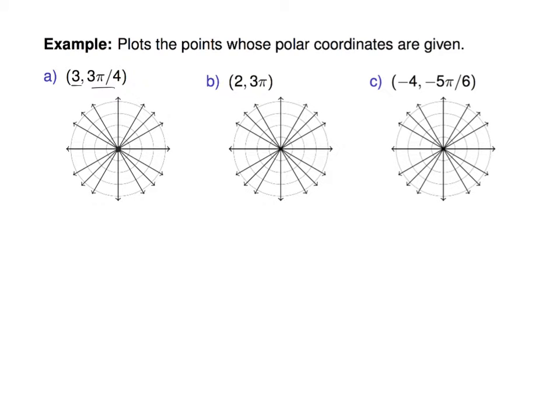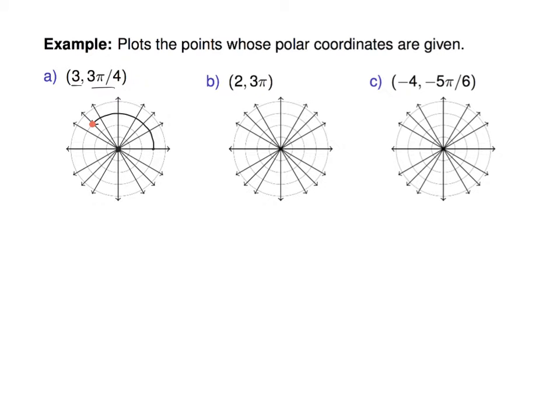And what angle are you at? 3 pi over 4. So you've gone from there over to that point right there. Do you buy that? Does that make sense? Okay, and I will give you grids to draw on because it makes things a heck of a lot easier.